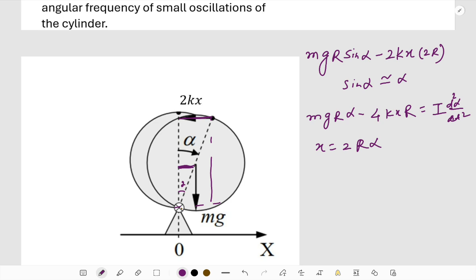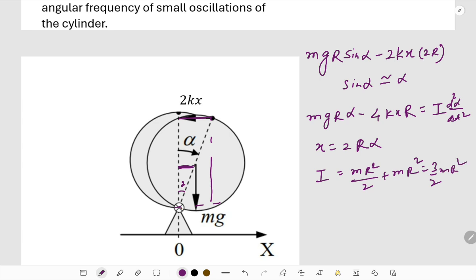And also the moment of inertia here about this axis can be written, using the parallel axis theorem, as mr square by 2 plus mr square, and that you will get 3 by 2 mr square.